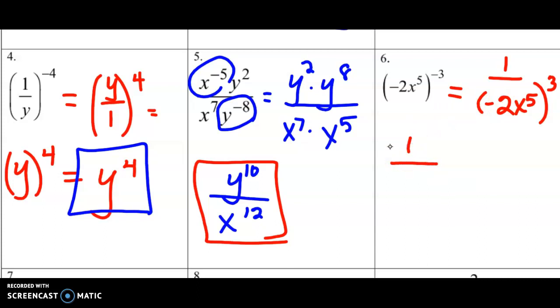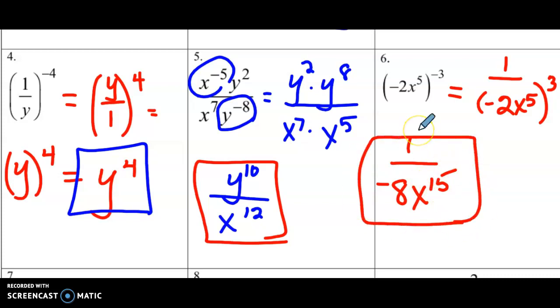So negative 2, and you're just going to cube it now because it is in those parentheses, which will give you negative 8, because negative 2 times negative 2 times negative 2 is negative 8. And then x to the 5th cubed, x to the 5th times x to the 5th times x to the 5th would be x to the 15th. And that's the best you can do on that problem. Nothing else to be done.